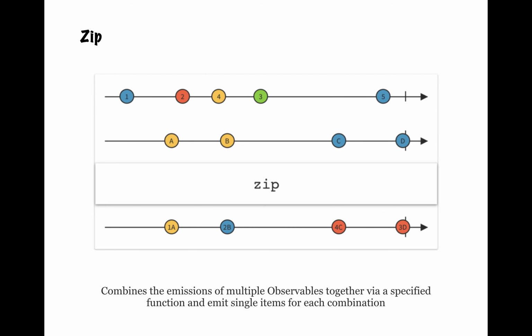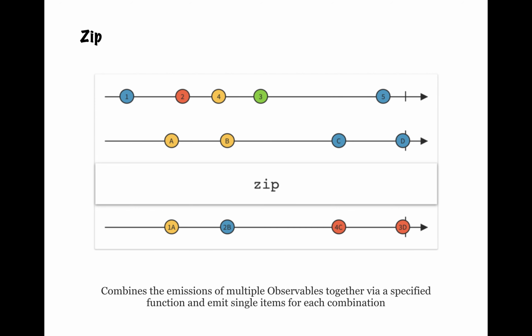If you see the marble diagram here, in the first observable chain, that is the first line, you see that 1 comes, and after a certain interval A comes in the second observable chain, and at the output, if you see, 1 and A have been combined together to give you the result as 1A. So it will actually give you a combination of multiple observable sources at the output. So that is what zip is.